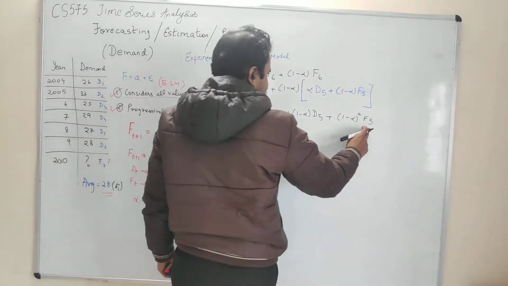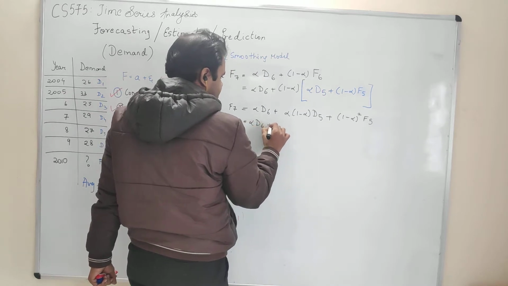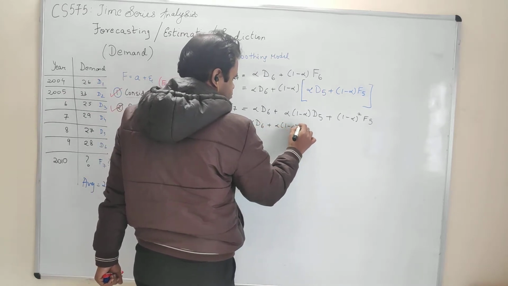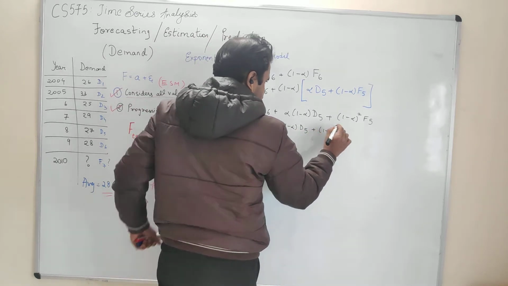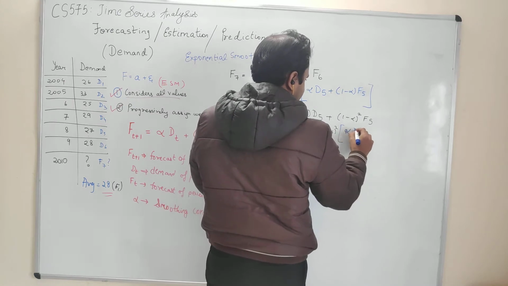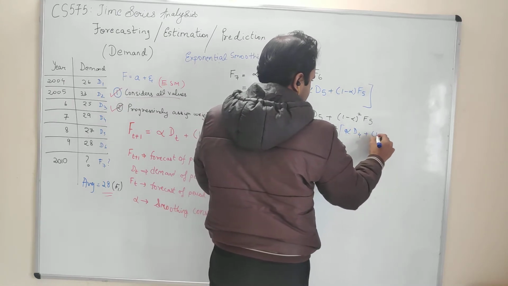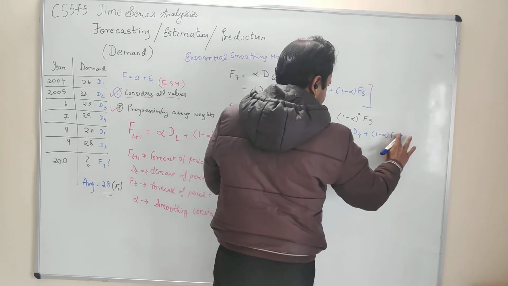Now again I can expand this particular term. So this will become alpha d6, and for convenience I am changing the coloring. This will become alpha times d4 plus (1 minus alpha) times F4.